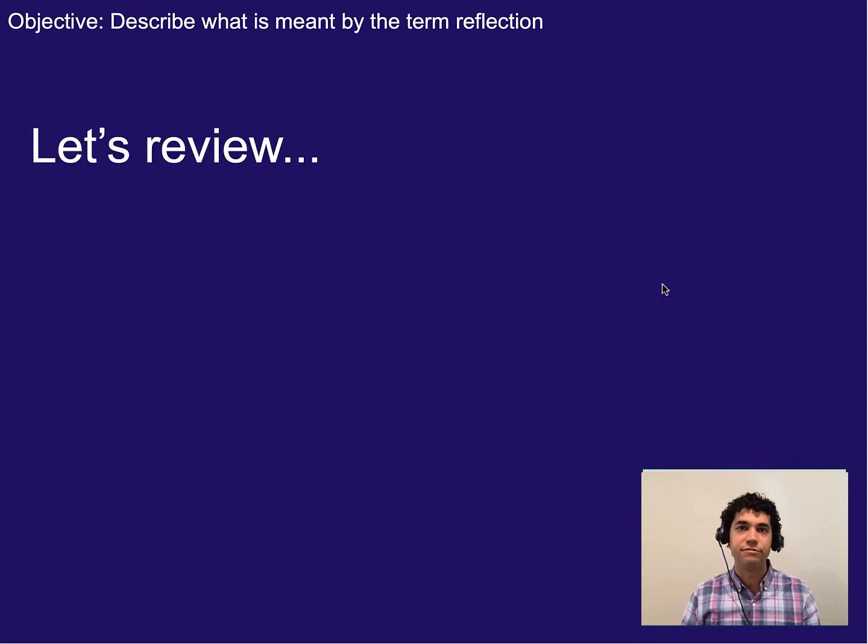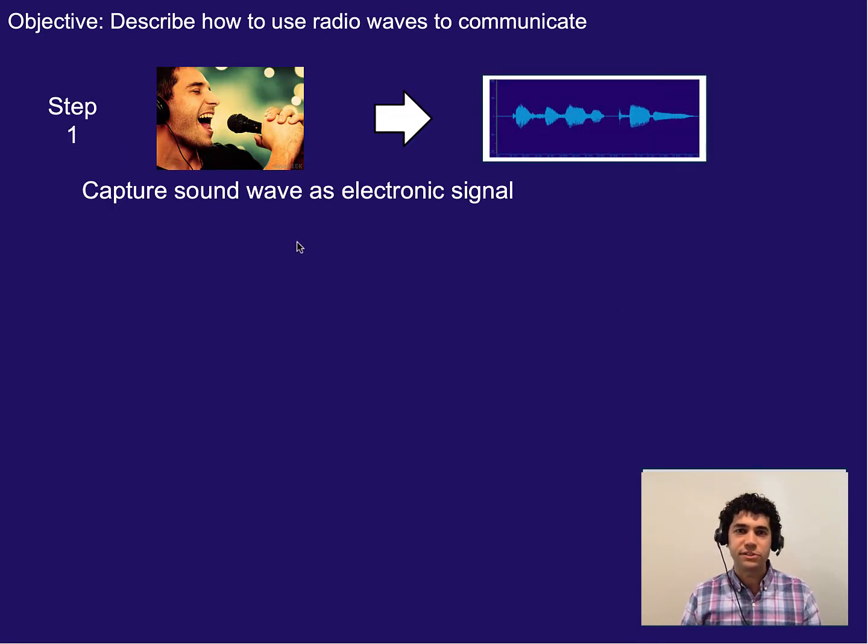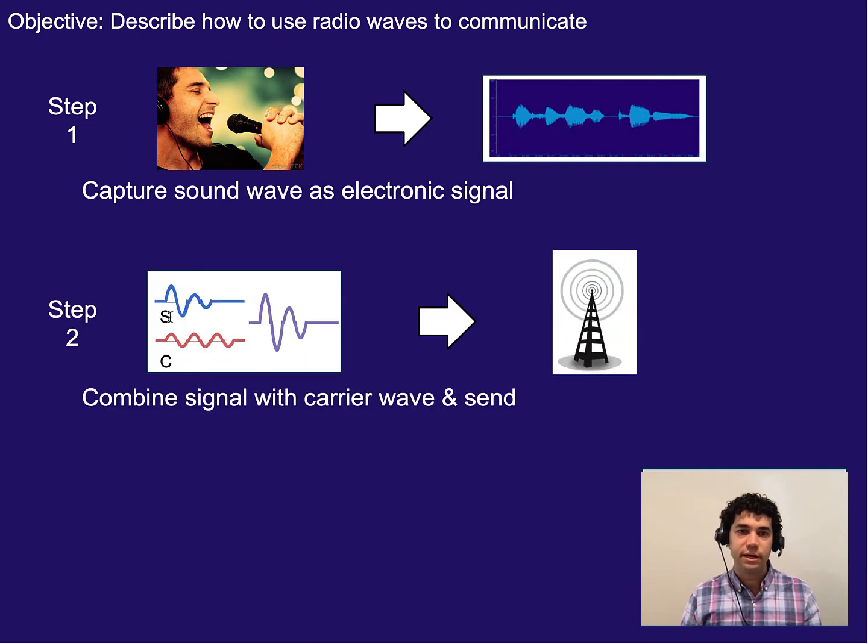All right, so to review real fast, the first step is you capture your sound wave, or whatever medium it is, you need to capture it and turn it into an electronic signal. Step 2 is you combine your electronic signal with a carrier wave, and then you're going to send that out via, in this case, radio waves, so electromagnetic waves that are going through time and space and are able to travel across the area.